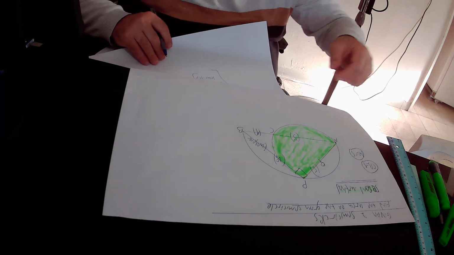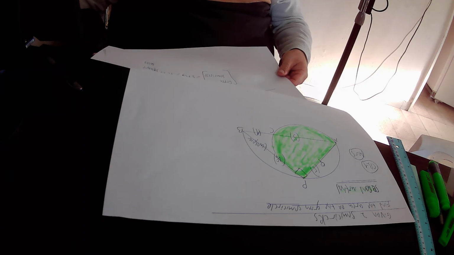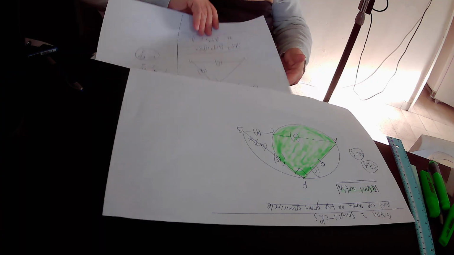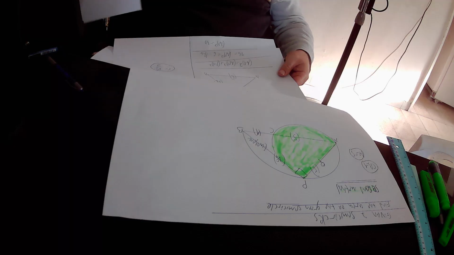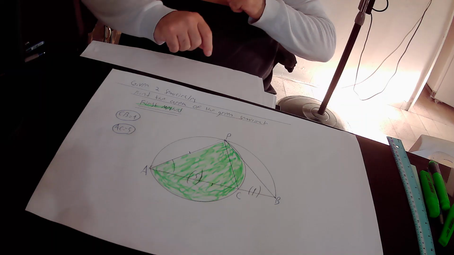In the next step, I will summarize the lecture. We start with the first method. In this lecture, we found the area of this green semicircle using two different methods.